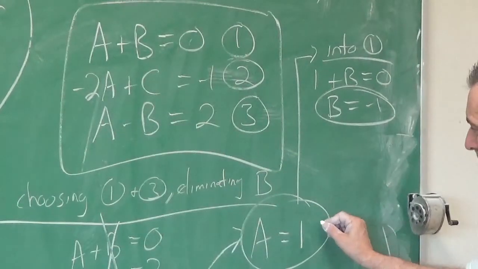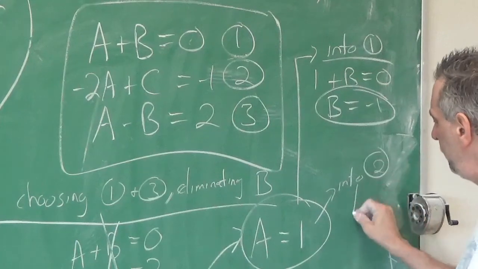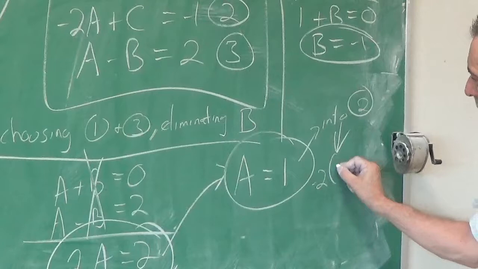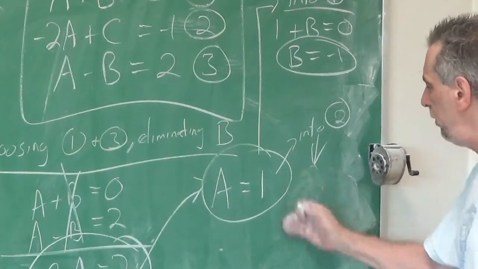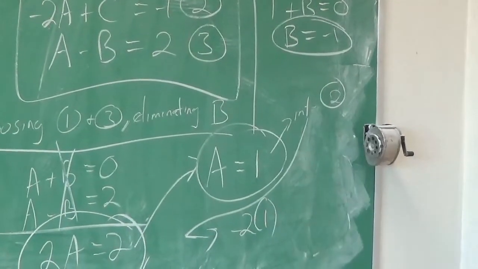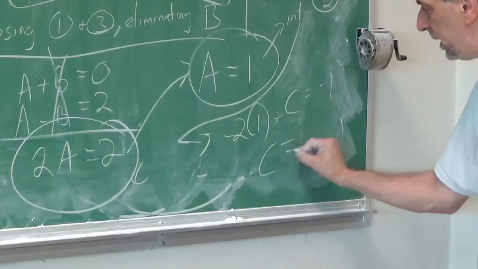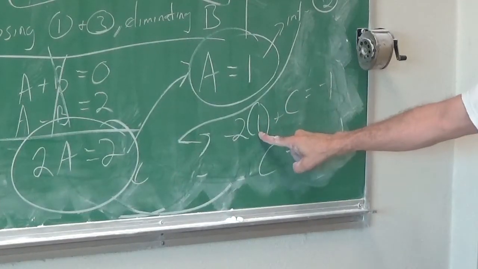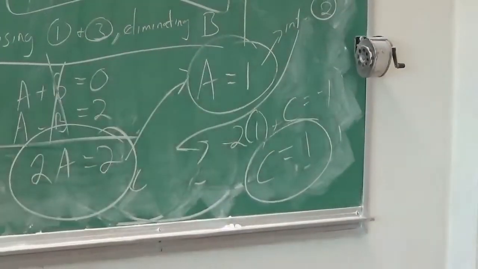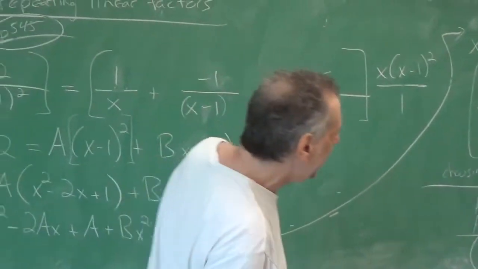So we'll plug a into 2 and get negative 2 times 1 plus c equals negative 1, so c is going to be negative 1 plus 2, or 1. So a is 1, b is negative 1, and c was 1.